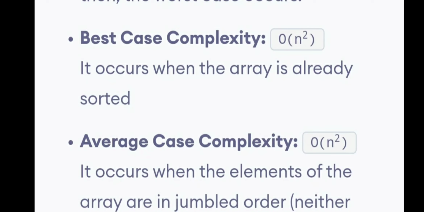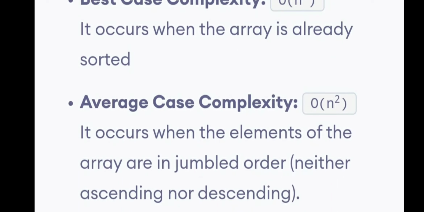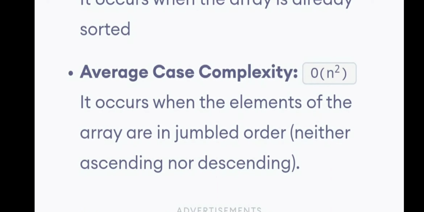Suppose the array is in sorted order. If you want to arrange those elements in sorted order, that is best case. Average case means 50% of elements are in sorted order and 50% of elements are in unsorted order.